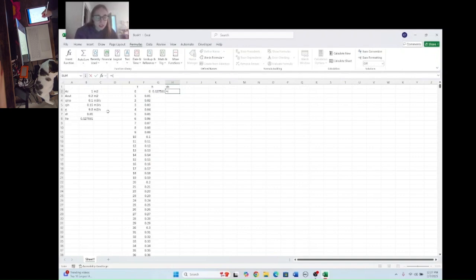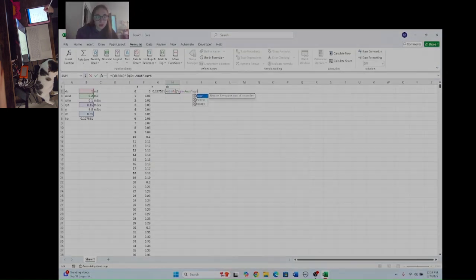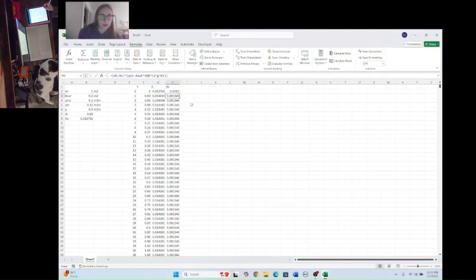So I can do our dH dt divided by our cross-sectional area out, and then we're going to multiply this by Q in minus A out, and then multiplied by the square root. There you go. Okay.